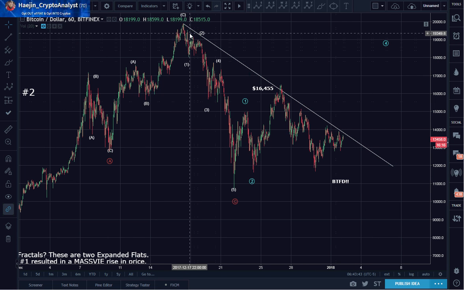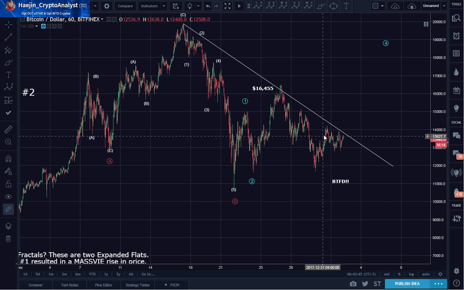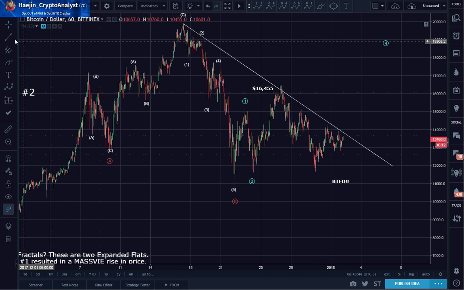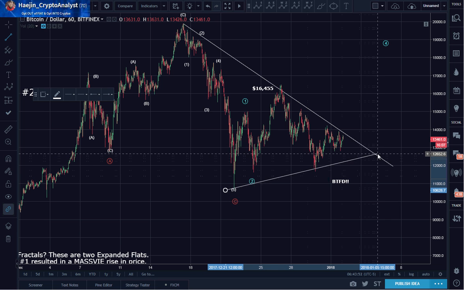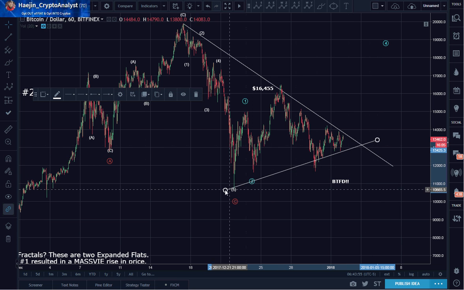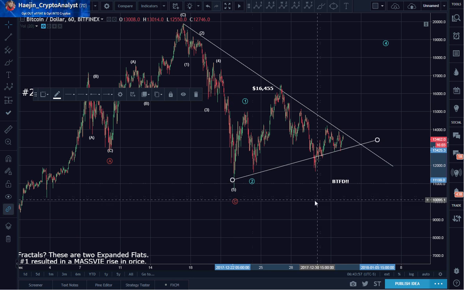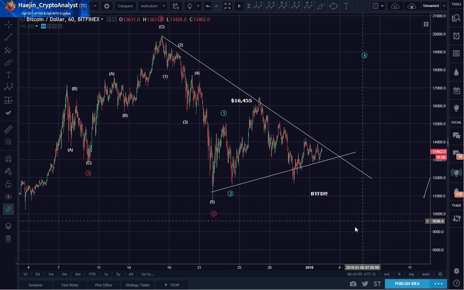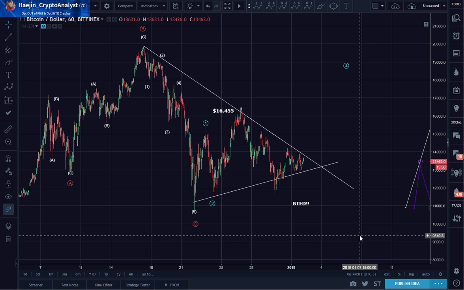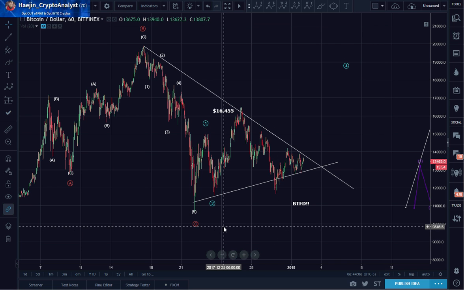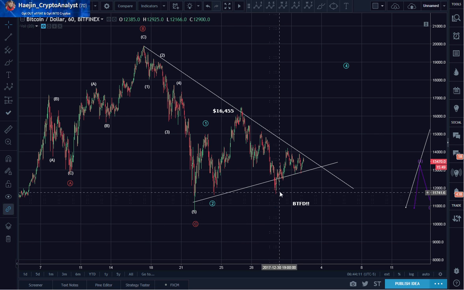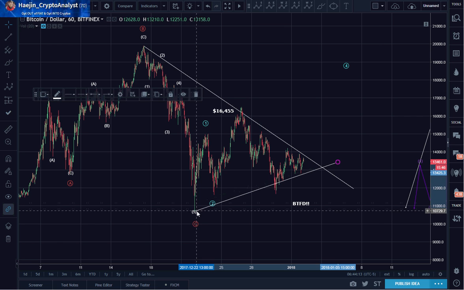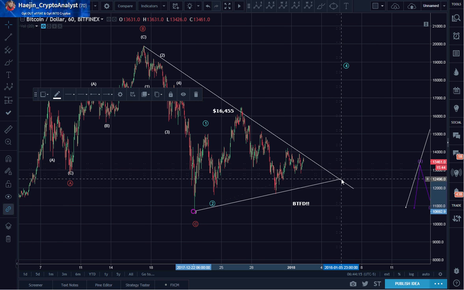So if I draw a line across the tops, and then I draw a line across these bottoms, this is very interesting. Now bear in mind, when I draw my pattern lines, you don't have to be exactly always at the ends of these.